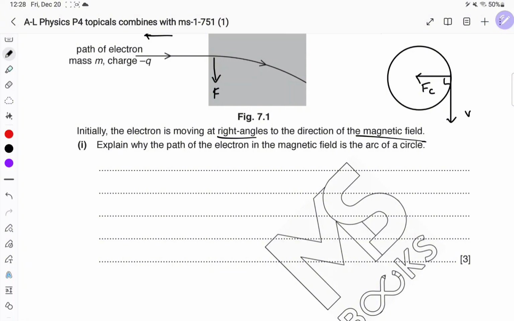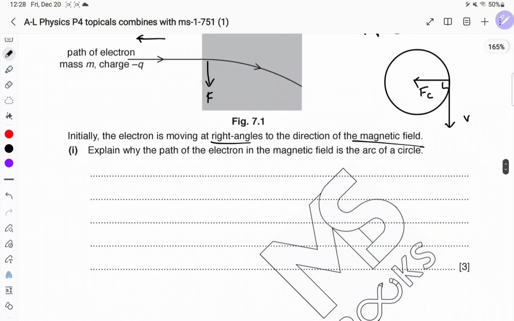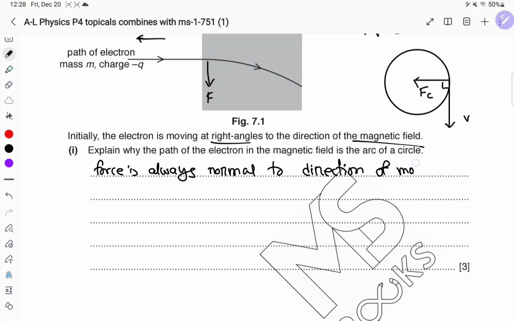Now coming back to the answer. We'll just state the points for the circular arc, to make life easier, because these are difficult parts to counter in the exam. We'll write: force is always normal to the direction of motion, and the magnetic force provides the centripetal force.